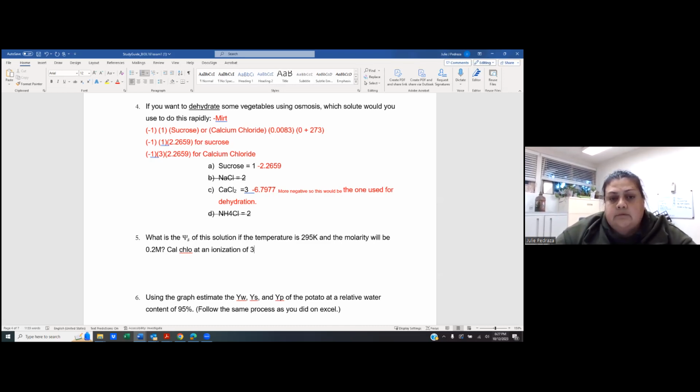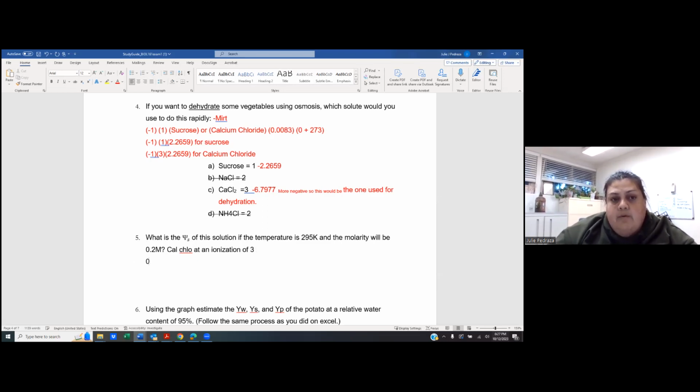Then our molarity is 0.2. Our ions equals 3.